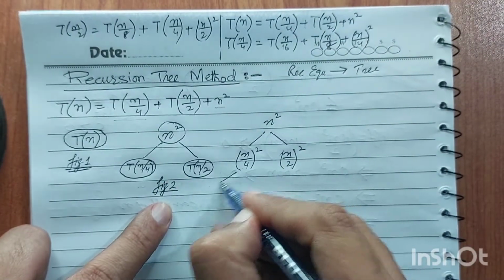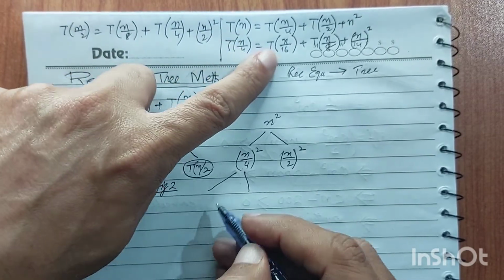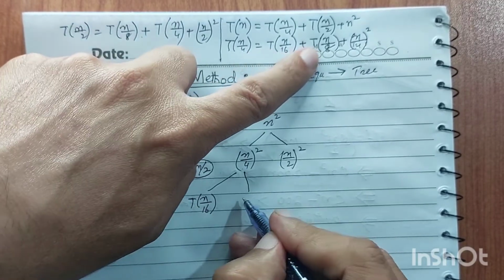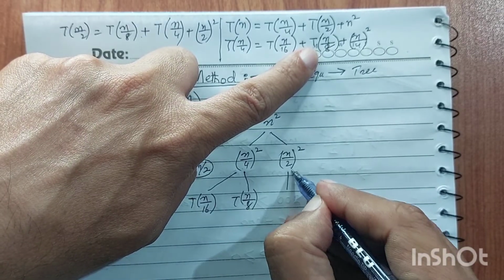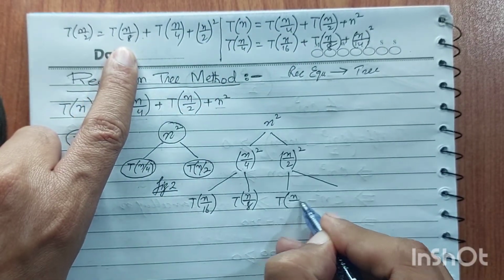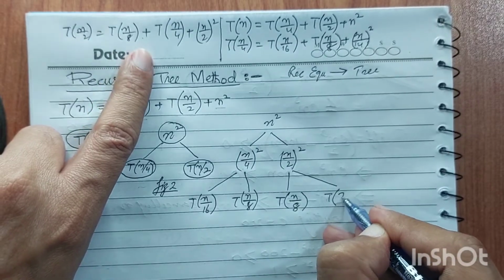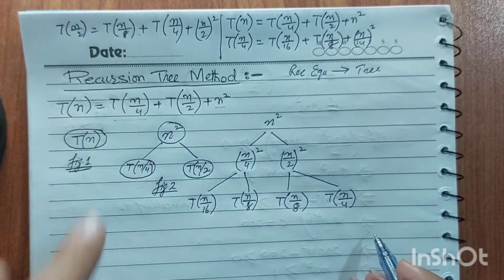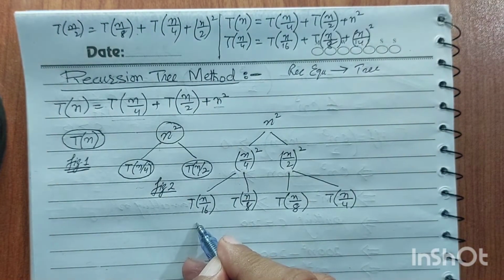At the same time we will be getting two sub problems here, t of n by 16 and t of n by 8, and here we will be getting two sub problems, t of n by 8 and t of n by 4. Keep on doing like this.